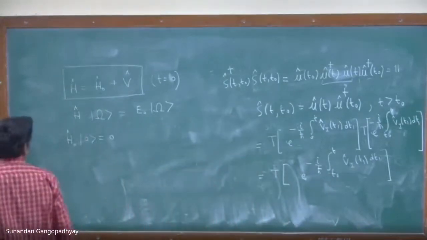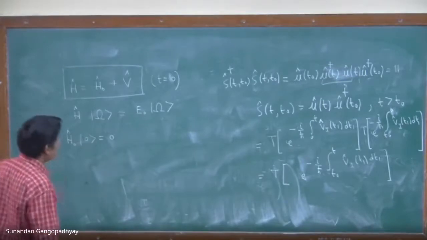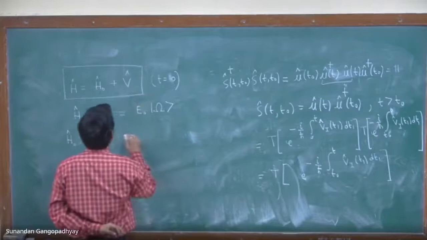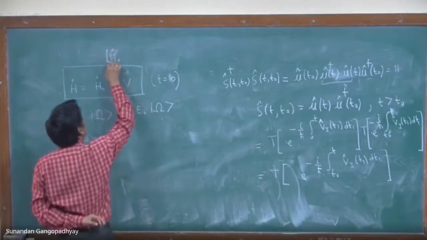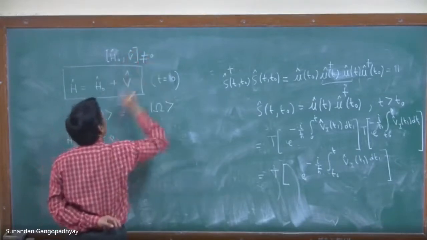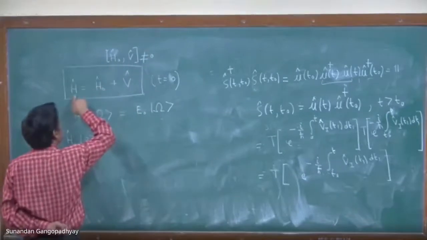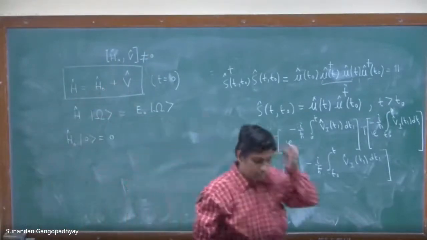Okay. Now, another thing to remind you is that H hat naught does not commute with V hat, which actually means that H hat also does not commute with V hat. So they do not commute. Okay.